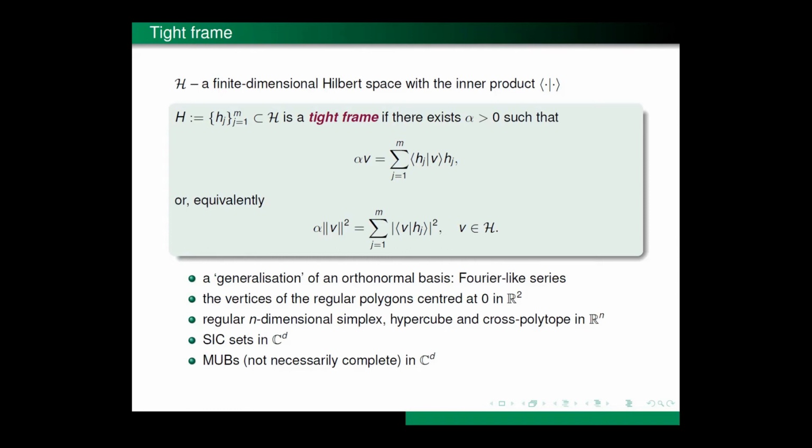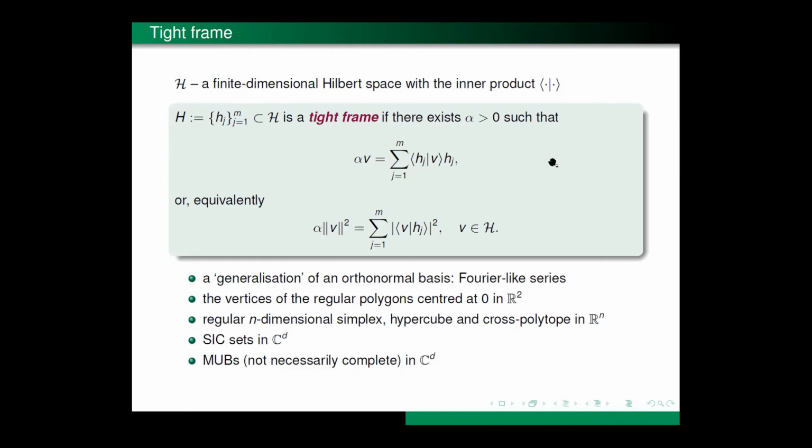A tight frame is a set of vectors in a Hilbert space such that we've got this Fourier-like series decomposition, with a positive alpha here, and this set of vectors allows us this Fourier-like decomposition of any vector.